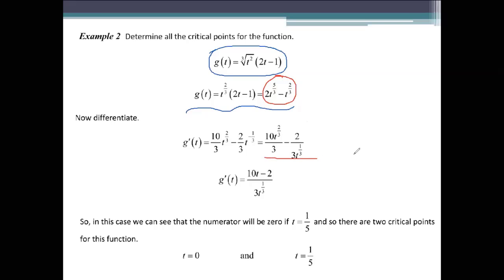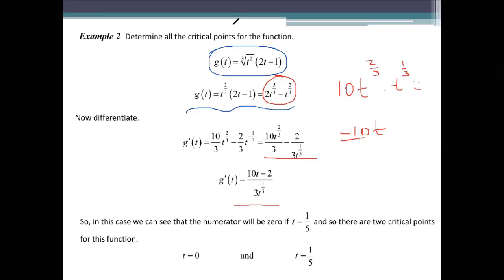Now we can give the common denominator here. If we multiply by just t to the power 1 over 3, we get here 10t, because it will be 1. So now we have (10t minus 2) over 3t to the power 1 over 3.